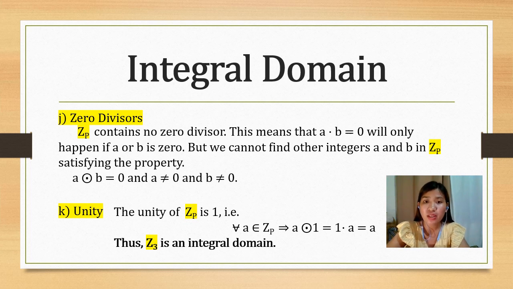But we cannot find other integers a and b in Z sub p satisfying the property a circle dot b equals 0 with a not equal to 0 and b not equal to 0. Thus, Z sub p contains no zero divisor. Unity. The unity of Z sub p is 1. Thus, Z sub 3 is an integral domain.